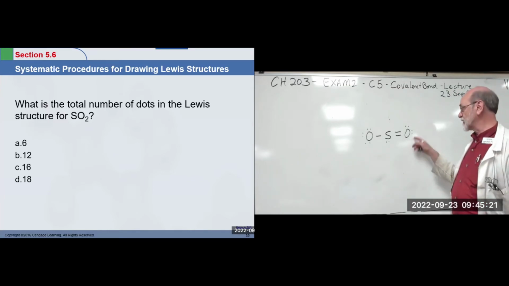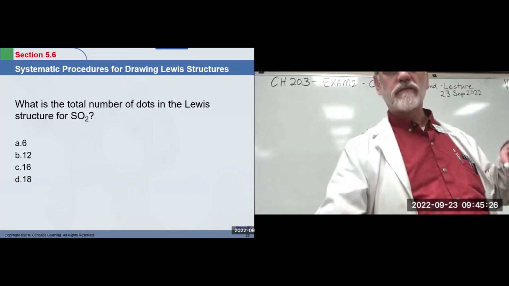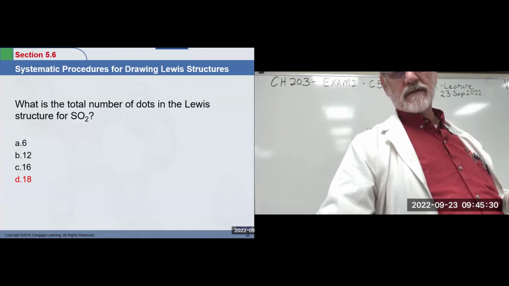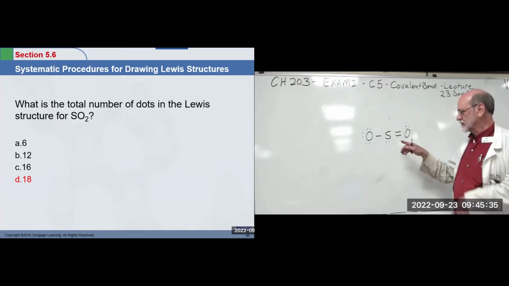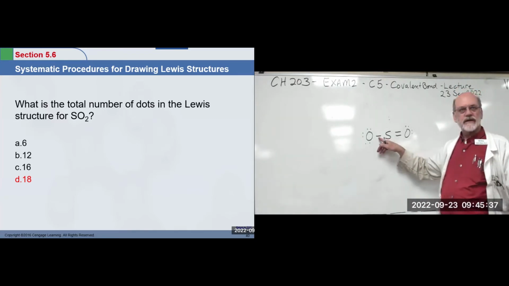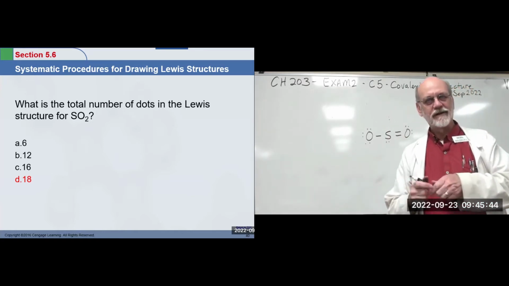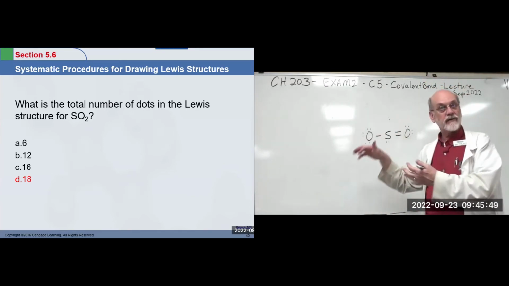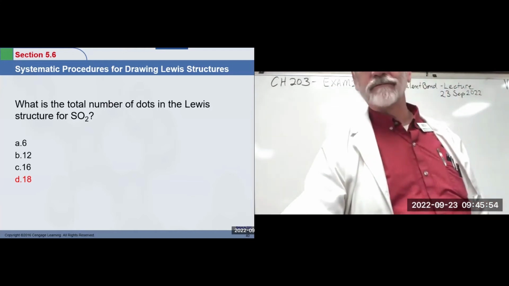So the total number of dots is 2, 4, 6, 8, 10, 12. 12 unbonded pairs. Wait a minute. Oh, okay, I see what they're doing. They're saying we turn these into dots. So they should have said total number of electrons. Right? Because when you write it this way, you think the dots are only the unbonded pairs. Okay, I need to do some editing on this one.